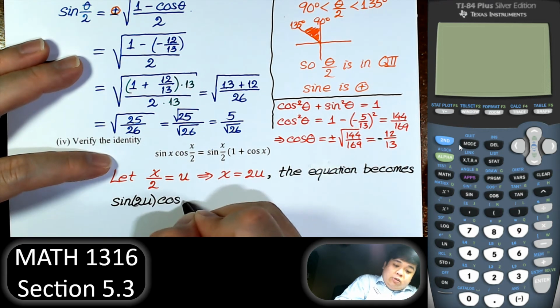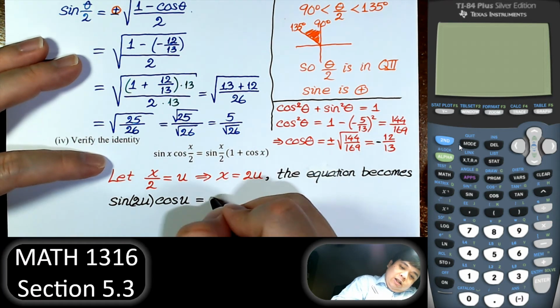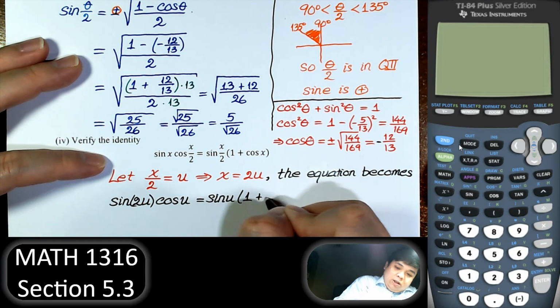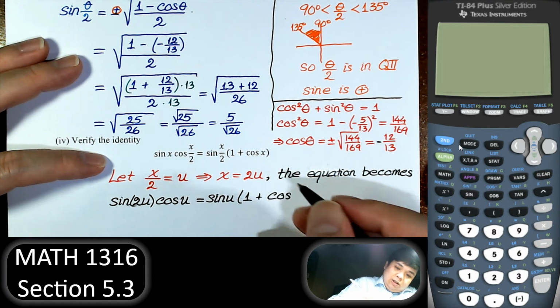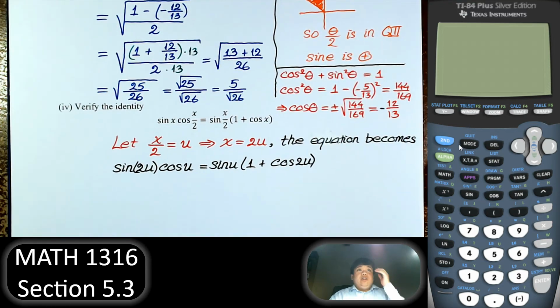Cosine x over 2 is going to be u. And sine of u over 1 plus cosine of 2u. Right. So that is a lot better to write like this.